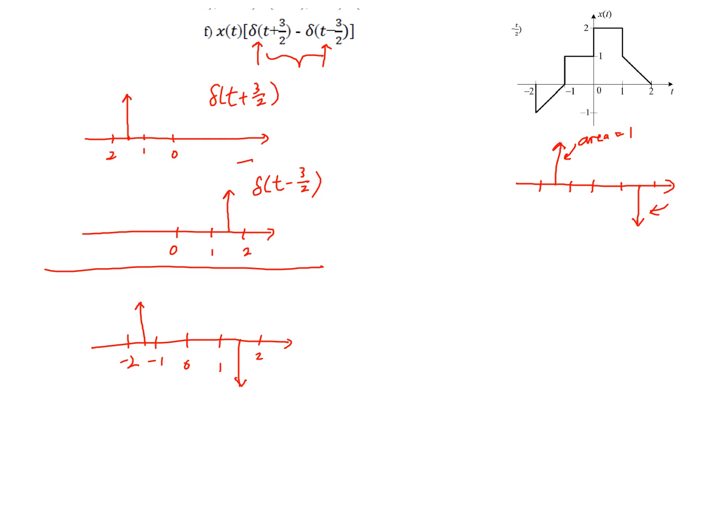So at this point, -3 over 2 point, this is -0.5, correct? So what we get after we multiply it is that everything else is 0, because everything else is 0 except at this point. This point is -0.5 multiplied by 1 is -0.5. So this point will be -0.5.